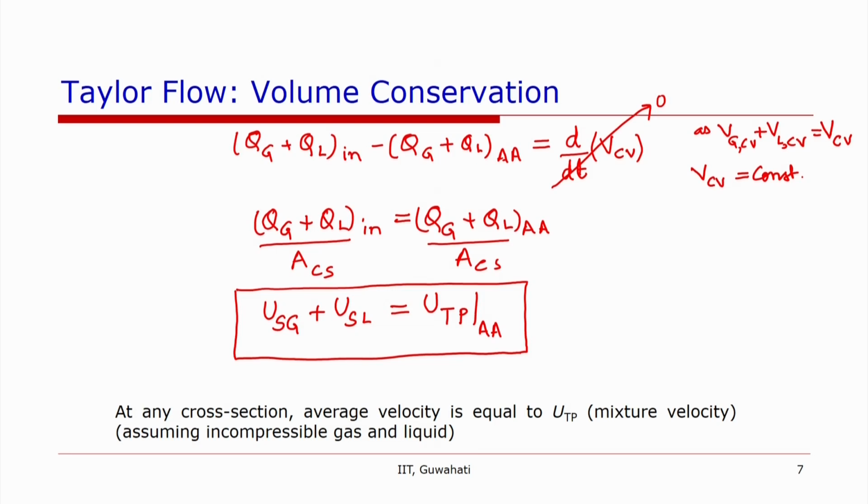So if you have a flow in a channel, and you measure the average velocity at this cross section, this is equal to UTP. If you measure the average velocity at this cross section, this is also UTP. Okay, so this is an important result that can be quite handy and useful.